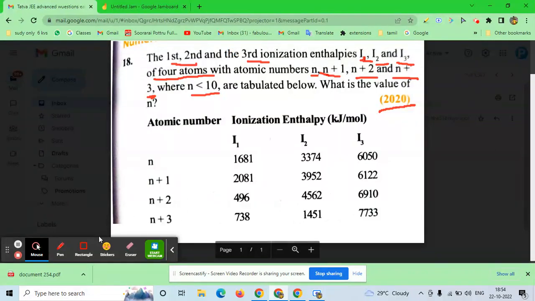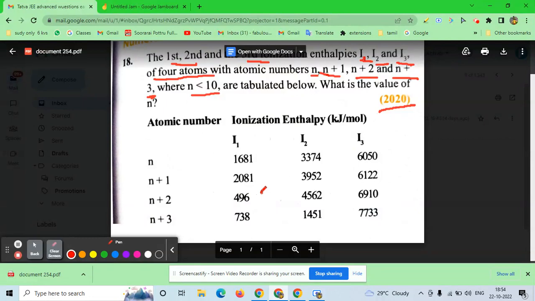You can clearly observe that the difference between this and this is very large, which means that this element is a metal, and it is ready to lose its electron, which means it must have valency 1. When it loses an electron, its outermost shell has valency 0, which means it has finally obtained an octet.